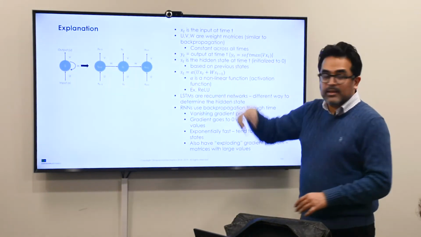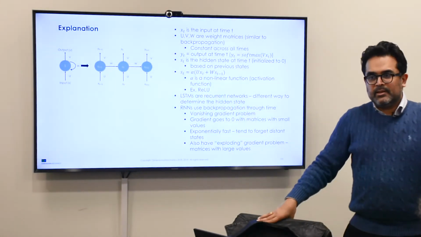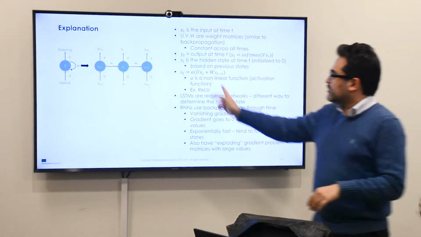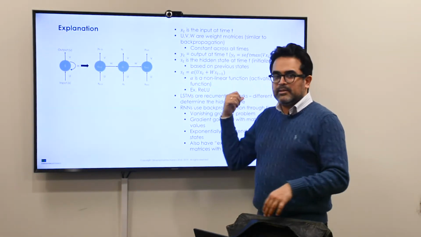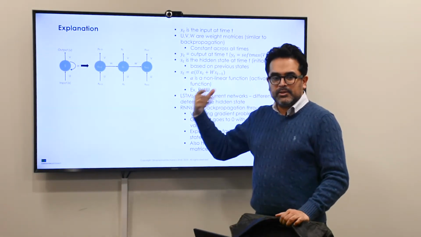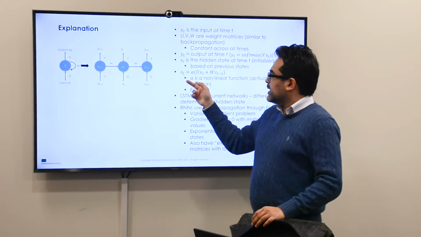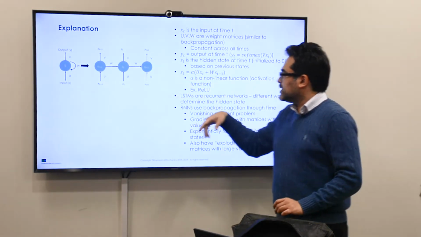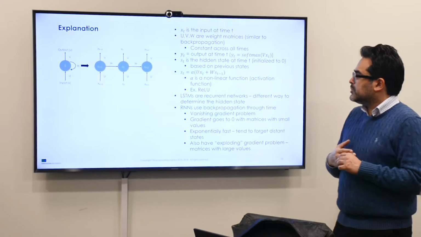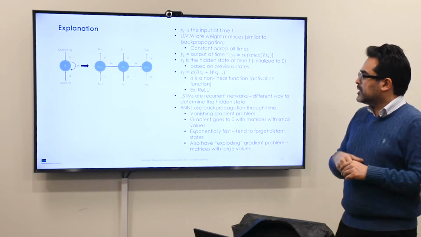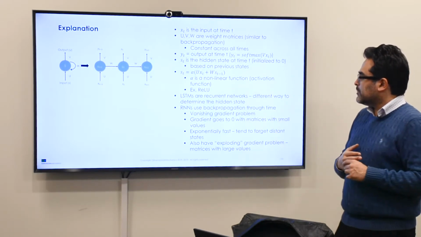The final thing is the sum of the input and a matrix operator on the previous state, and then you apply an activation function, for example ReLU. That's how you calculate the next state.